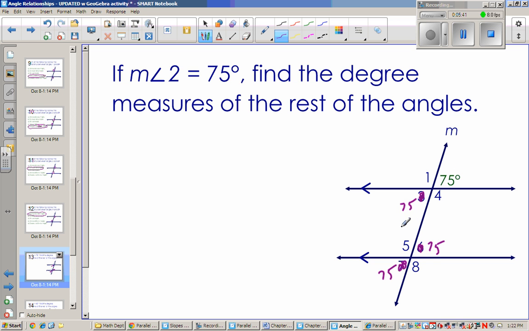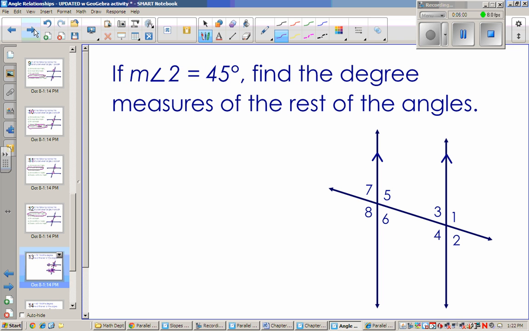So 180 minus 75 is 105, and then once you know that, all of these other ones will also be 105. Now keep in mind, we can only know this because that symbol means these two lines are parallel. If that symbol wasn't there, we wouldn't be able to find the others.